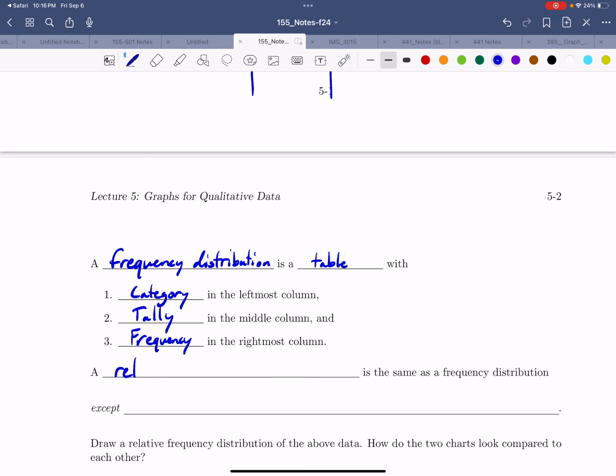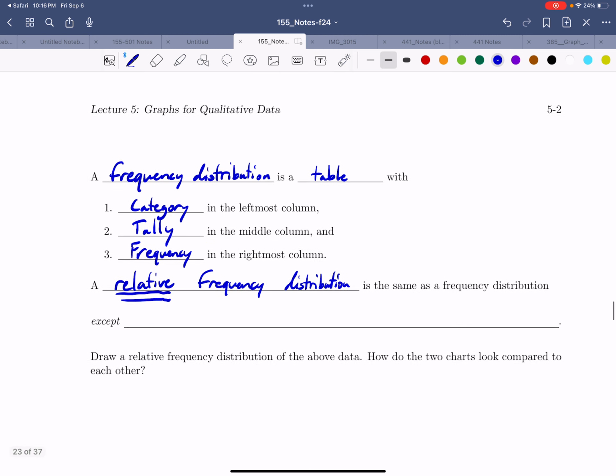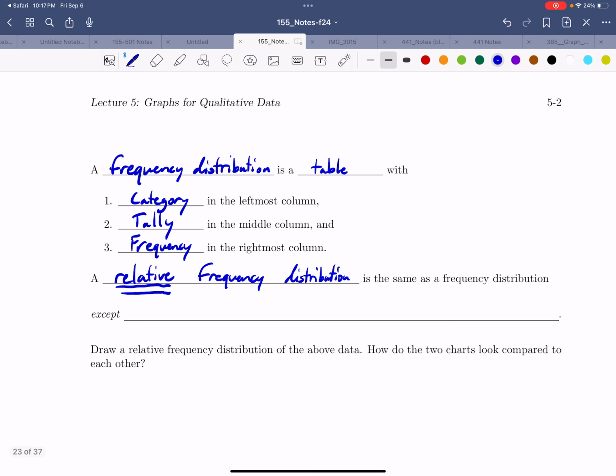A relative frequency distribution is the same thing, except it's relative instead of just raw, which means that we replace tally with frequency.